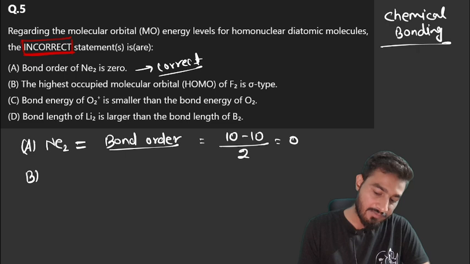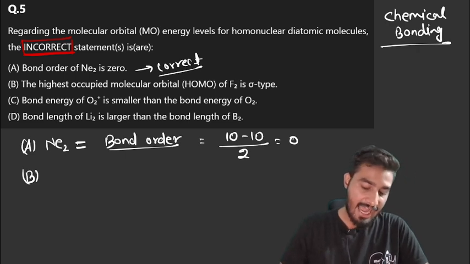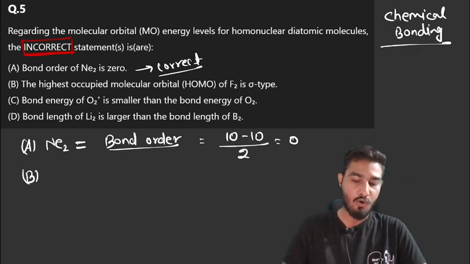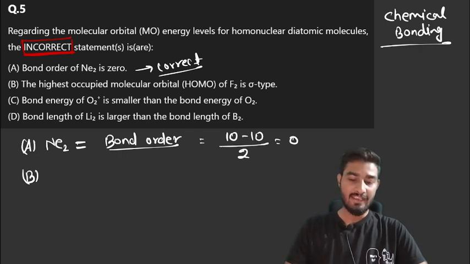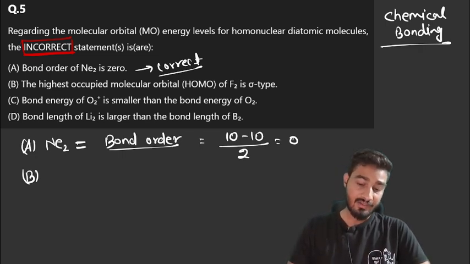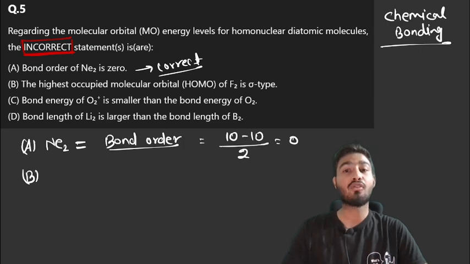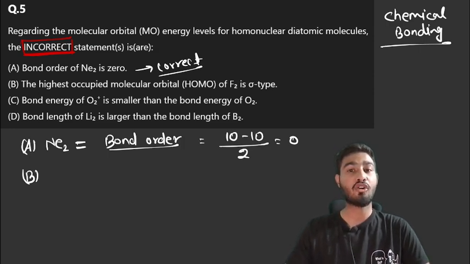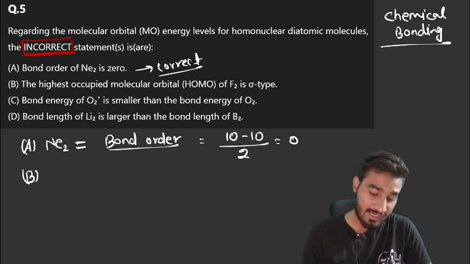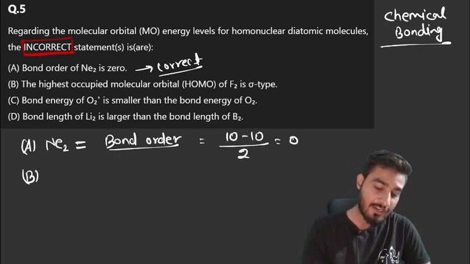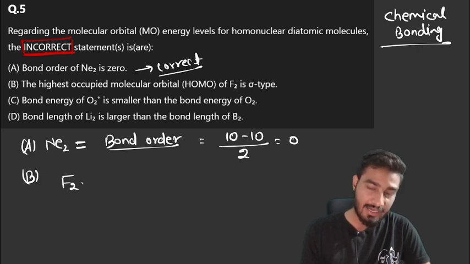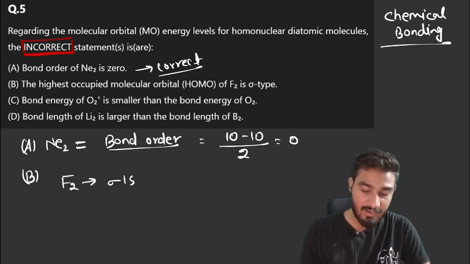If we check option B, option B is saying the highest occupied molecular orbital, HOMO, for F2 is sigma type. HOMO means highest occupied molecular orbital. So first we have to write the electronic configuration. For F2 we can write sigma 1s2, sigma star 1s2.